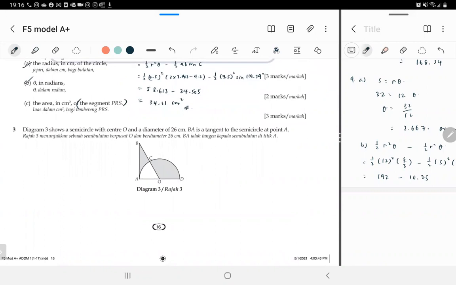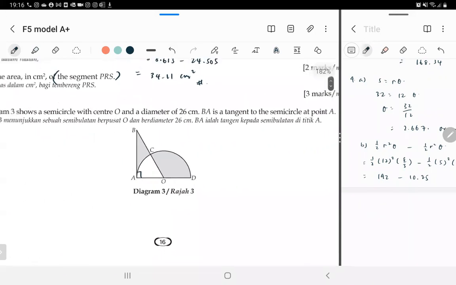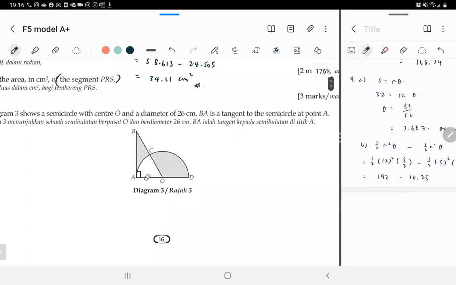It says that it's a tangent, right? So that means here will be 90 degrees. And then it says that the diameter is 26, so here will be 13. CO here will be 13 also.